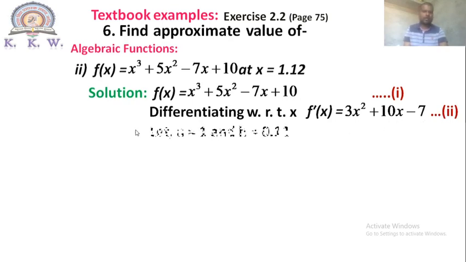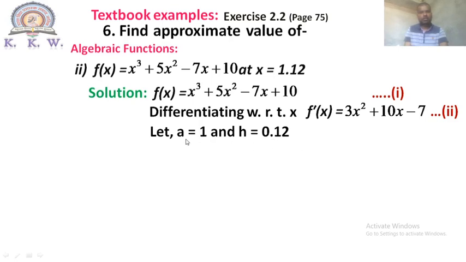Now we are going to find the value of a and h. The value of a is very near to 1.12, for which we can easily do the cube and square multiplication. Therefore we will take a as 1, and h is 1.12 minus 1, which is 0.12.